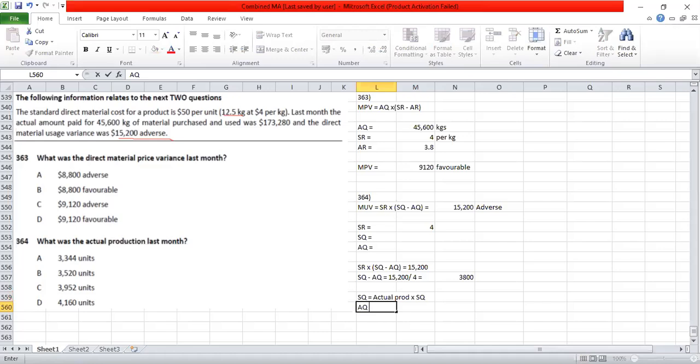Actual quantity is equal to actual production into actual quantity. This is 45,600. If actual production is taken, it is into standard quantity.